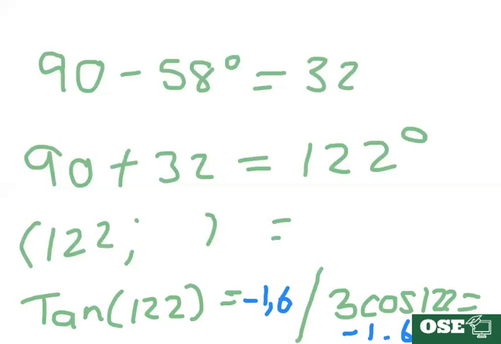And the other one is 1.589, which you then round off to 1.6. Because even when you substitute 58, you'll get the same answers. I hope it makes sense.